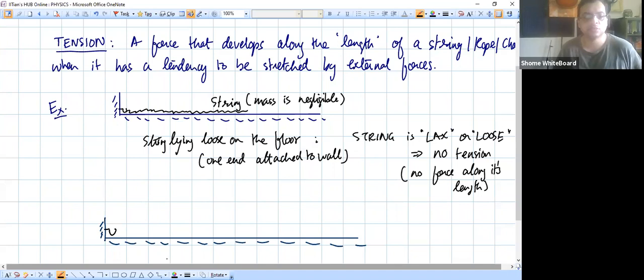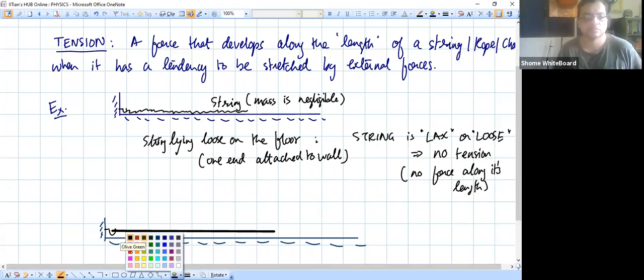But in the next situation, suppose we start pulling the same string from one end with an external force.